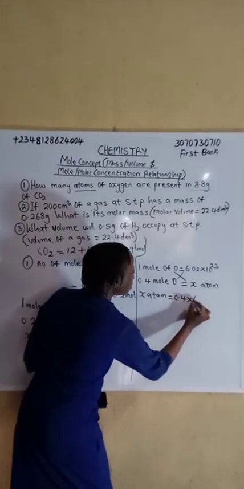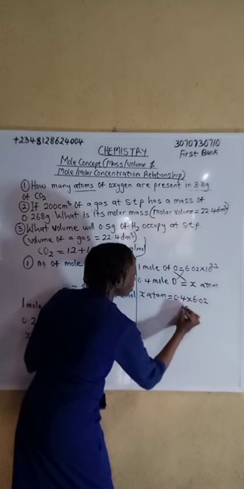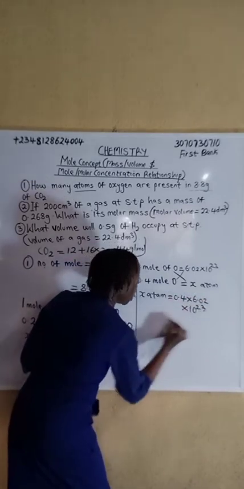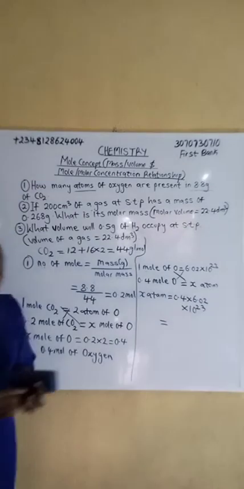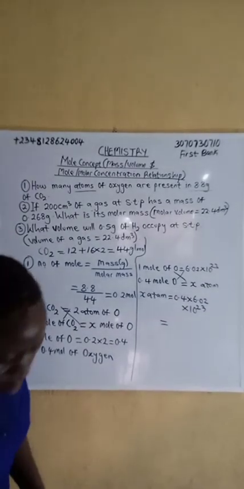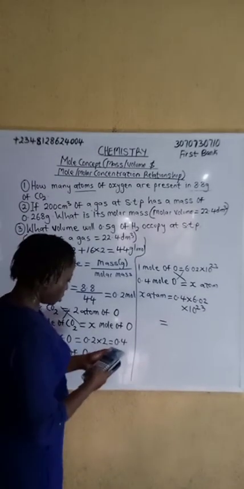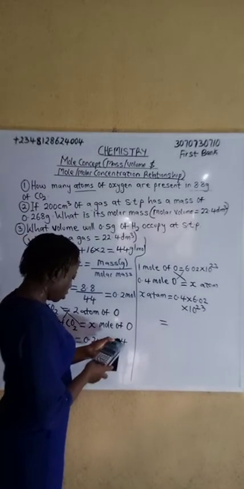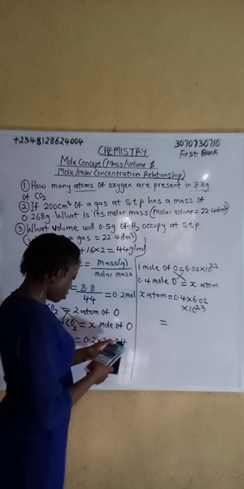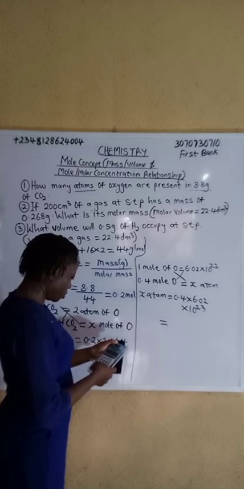That will give us 0.4 times 6.02 times 10 raised to the power.